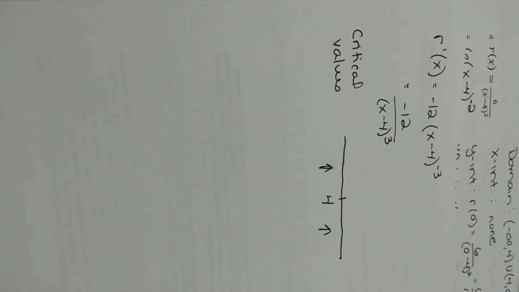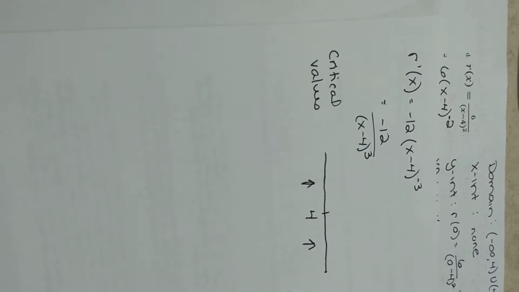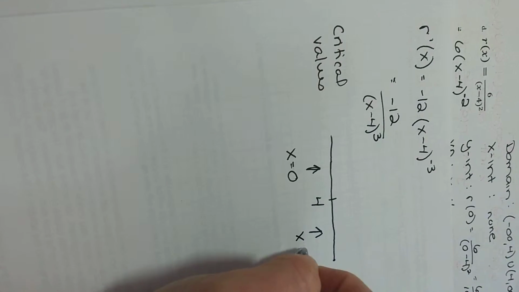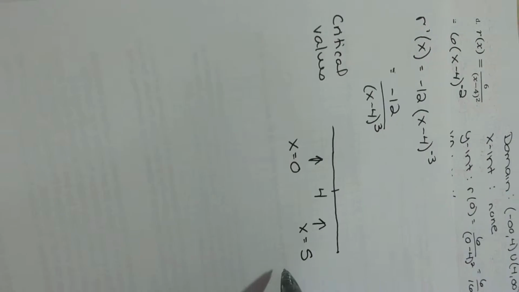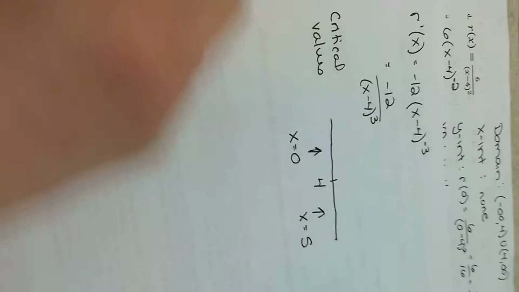So therefore we will not have any critical points in which the first derivative equals 0. We only have the undefined value when x equals 4. So of course we're going to pick our favorite values that are smaller than our critical point and bigger than our critical point. So I'm going to select x equals 0, and I'm also going to select x equals 5.